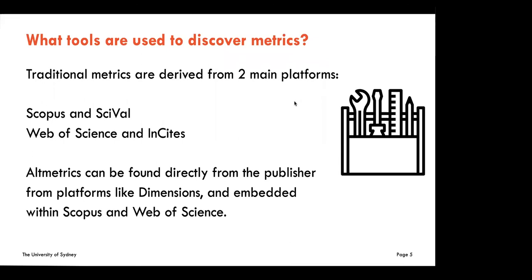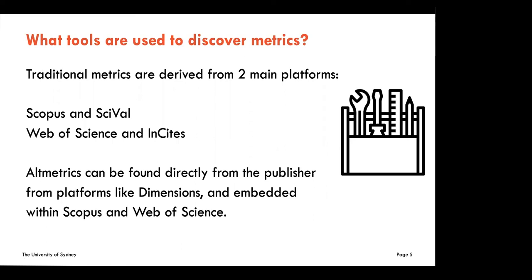The value of them is potentially questionable, but if you have a good altmetric score for a particular piece of work or a set of pieces of work, it is certainly potentially worth mentioning it.